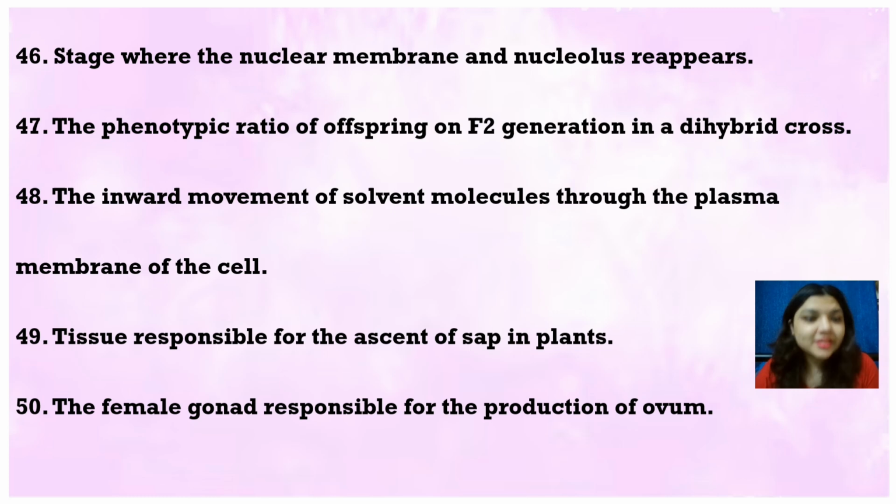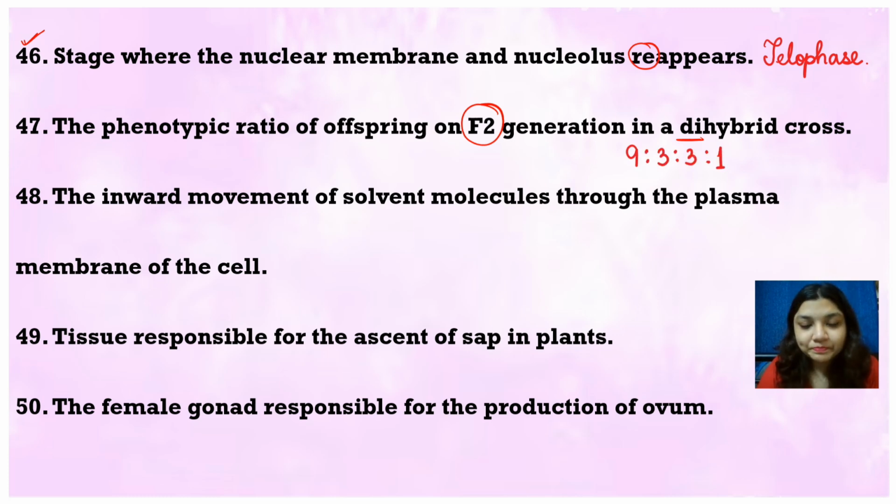Let's check the answers. First, stage where the nuclear membrane and the nucleolus reappears. So this is the telophase. The phenotypic ratio of offsprings of the F2 generation in a dihybrid cross. So the ratio is 9:3:3:1.